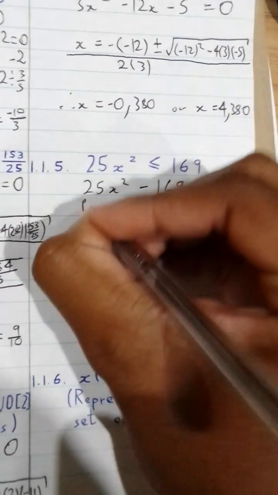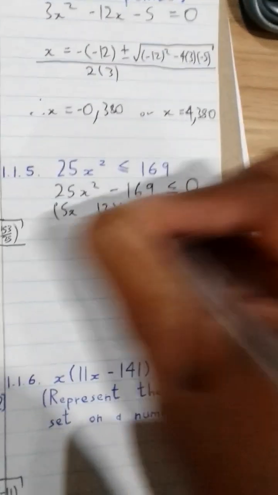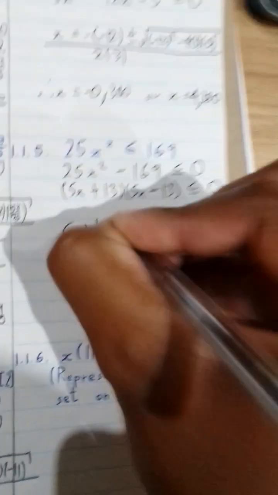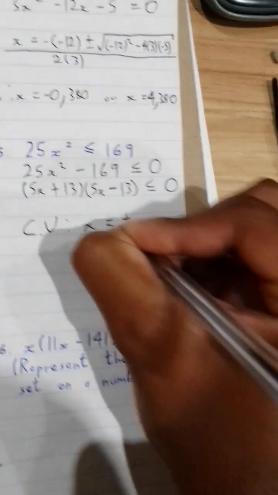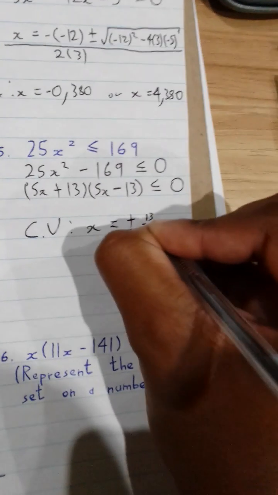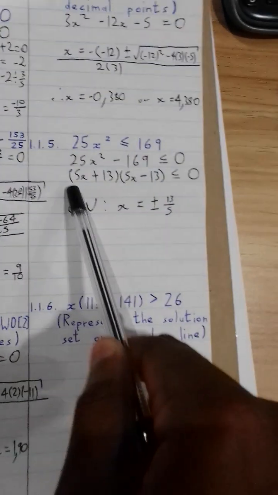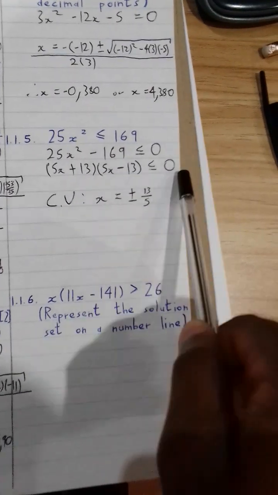Square root of 25x squared is 5x. Square root of 169 is 13. This side is positive, this side is negative. So the critical values are x is equal to plus minus 13 over 5, because 5x plus 13 is equal to 0, or 5x minus 13 is equal to 0.